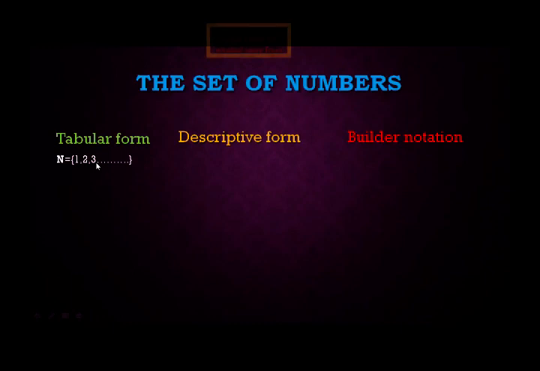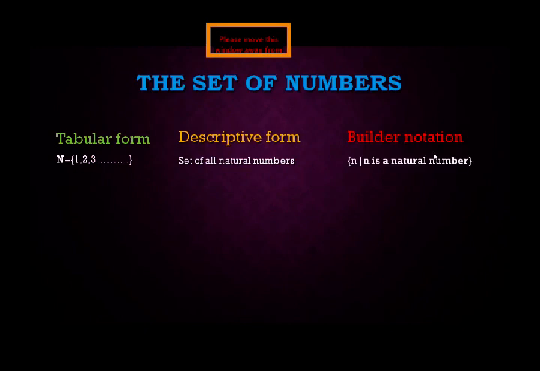What is the descriptive form of this set? We will write it as: set of all natural numbers. And what is the builder notation? You can use any alphabet of your own choice: X, Y, Z, A, B, C, whatever you want.